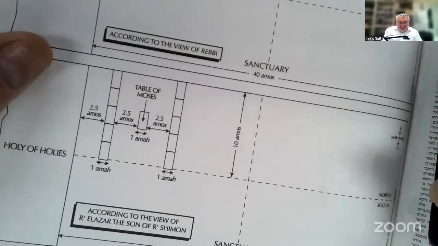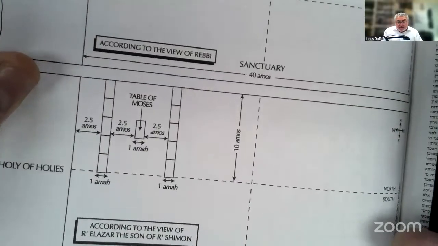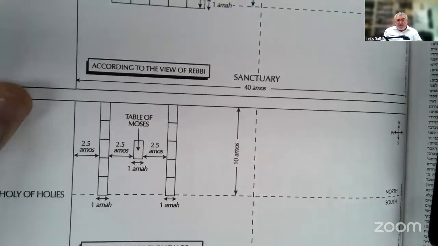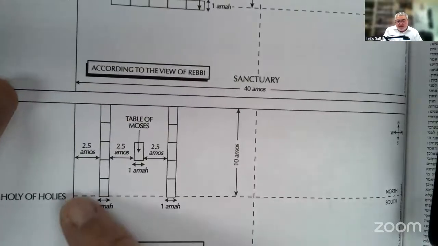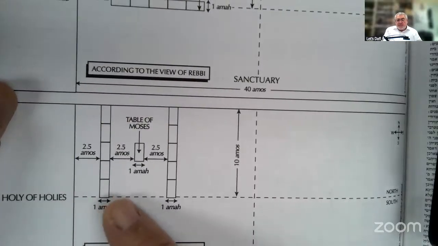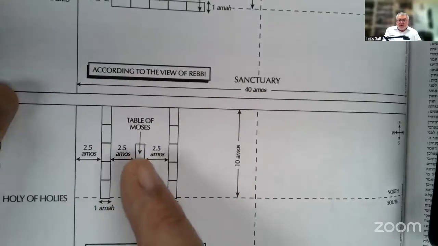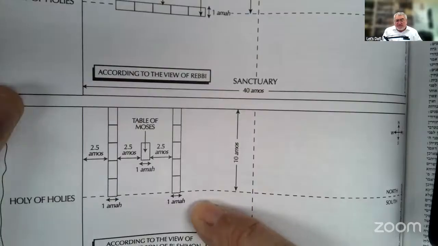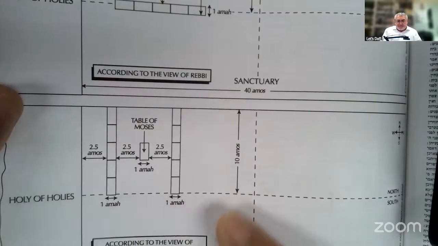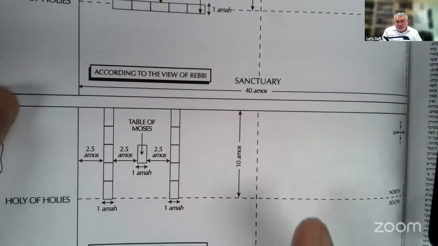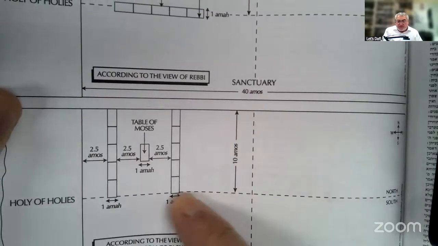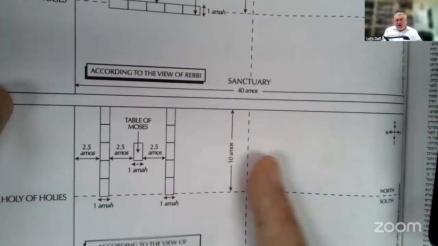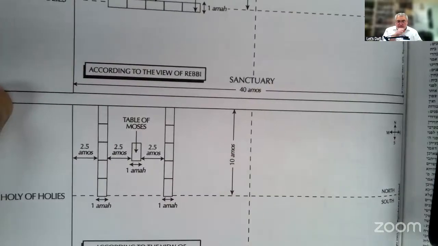Now, the other option was if they were set up from north to south, then it could have even been with Moshe Rabbeinu's Shulchan being in the middle, because they would still fit on the northern half of the Heichal. The key was that it was supposed to be in this quadrant, the western half of the Heichal.